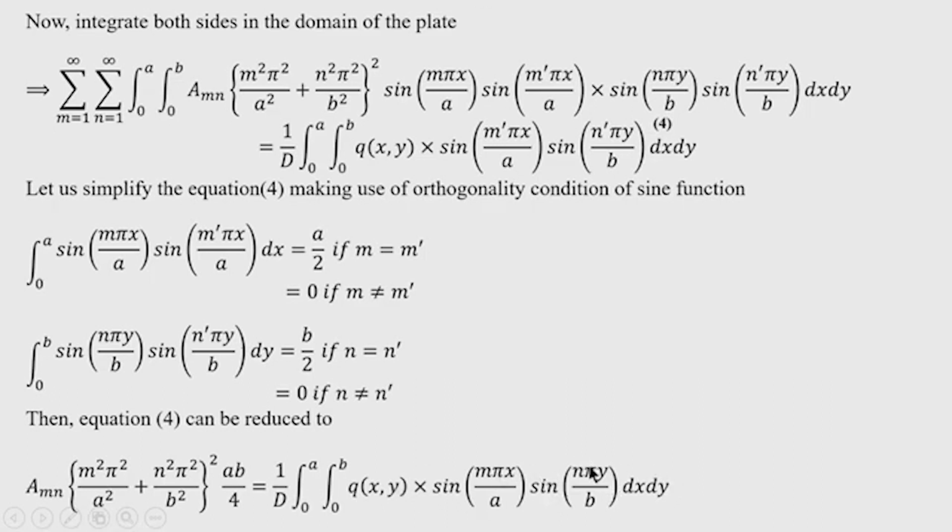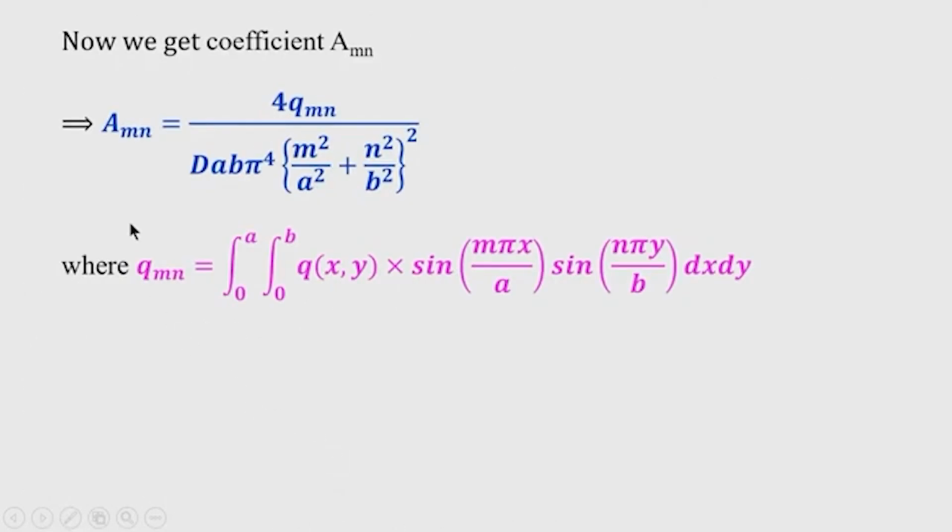So, m and n are integers. Now, from this equation it is possible to write A m n, the coefficient of the deflected series or deflected surface, whatever you call it, as A m n equal to 4 q m n divided by D a b pi to the power 4 into m square by a square plus n square by b square, whole square. How has this term come?